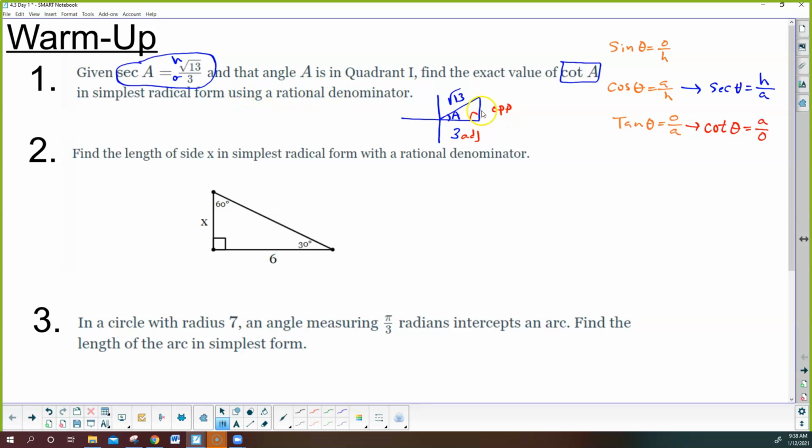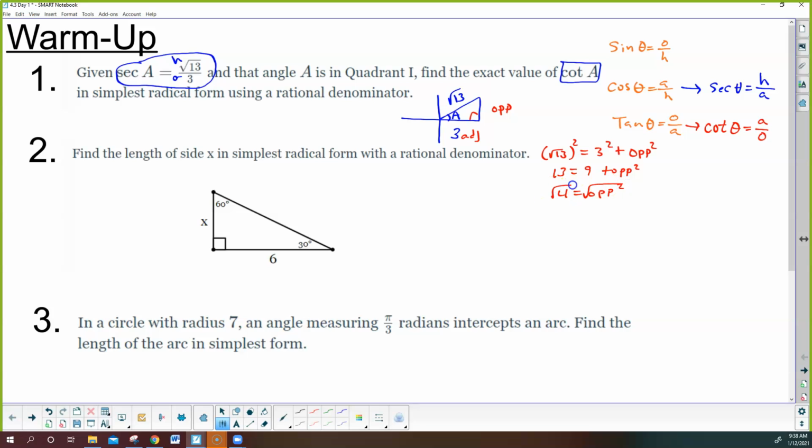So to figure out the missing opposite side, I'm going to take the hypotenuse squared, which has to equal 3 squared plus, I'll use O for opposite, maybe I'll use OPP for opposite, squared. So then what do we get? Square root of 13 squared is 13. 3 squared is 9. If I subtract, we end up getting 4 equals the opposite side squared.